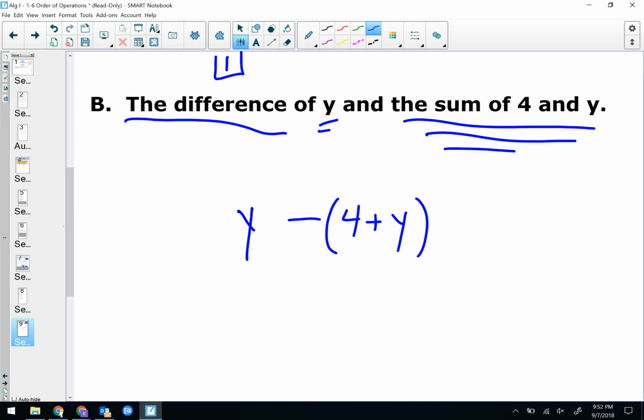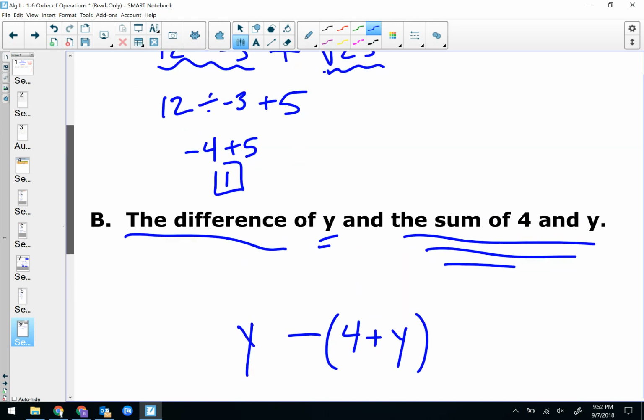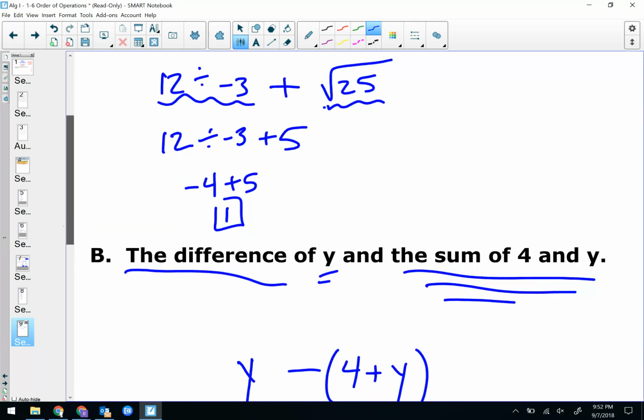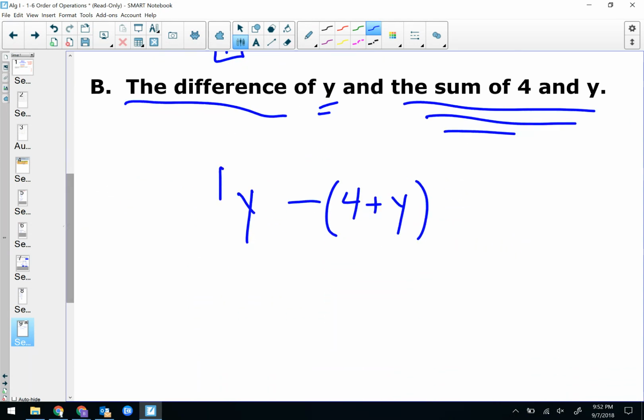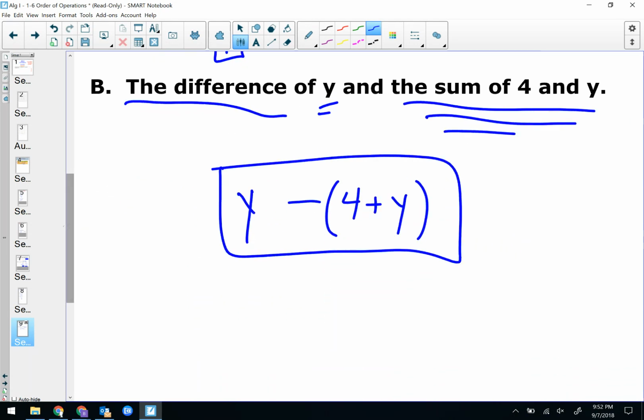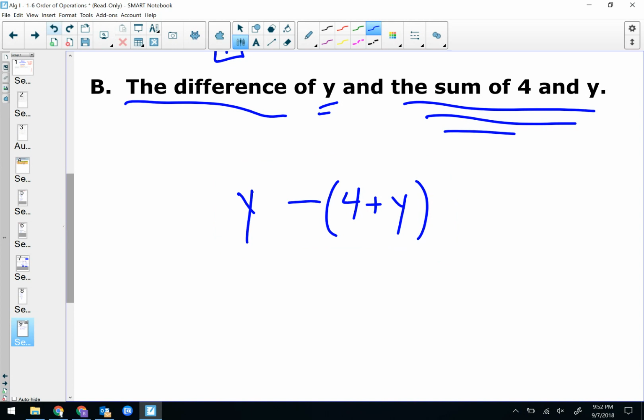This one, oh yeah, that's just variables. So I guess I should just leave that. I think I probably could. You know what? No, let's not leave that. I lied. Let's take this negative and do the distributive property with it. We'll talk a lot more about the distributive property, but let's bring in that negative. You should know that from middle school.